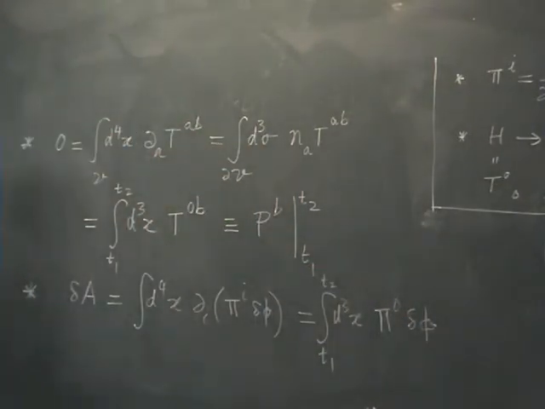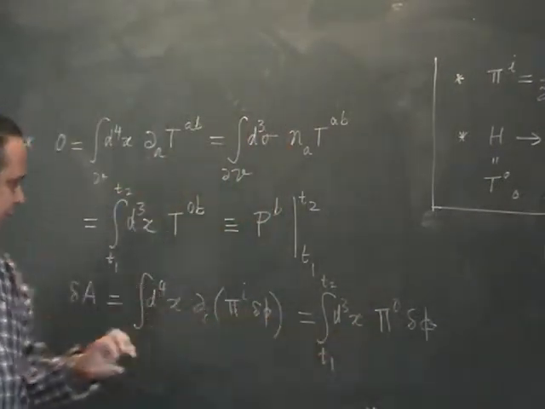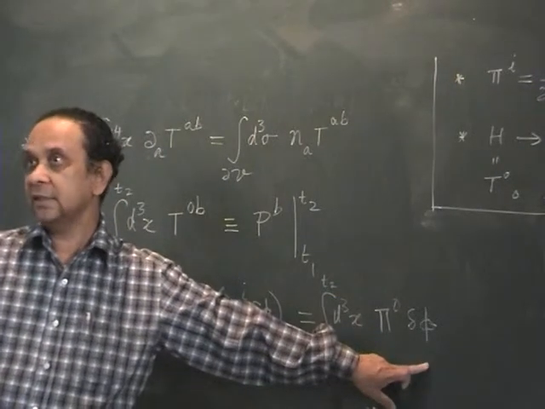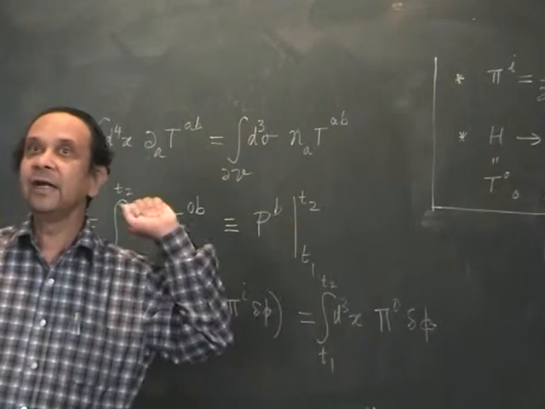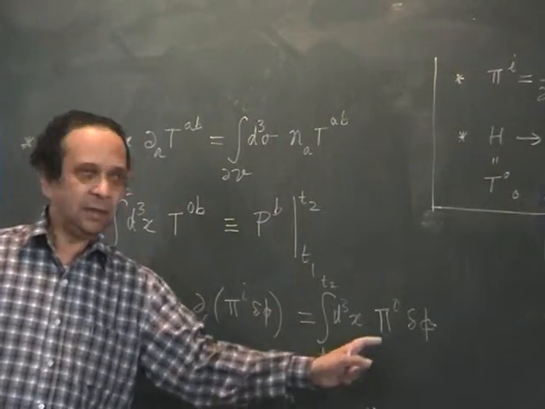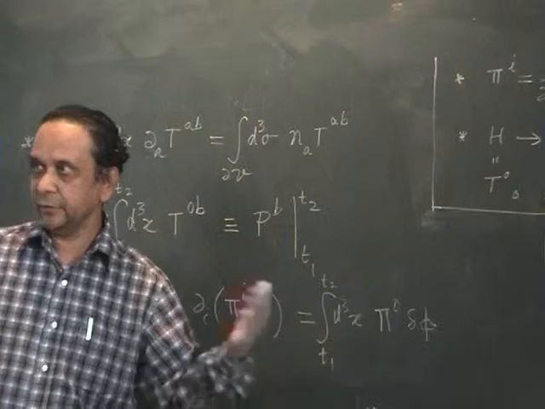Now what does this mean? We have seen this somewhere else, if you recall. Think of delta A, this delta phi. This is our definition of functional derivative. You remember when we did functional derivative, I said that if you can write it like this, then this quantity which is in between gives you the functional derivative.